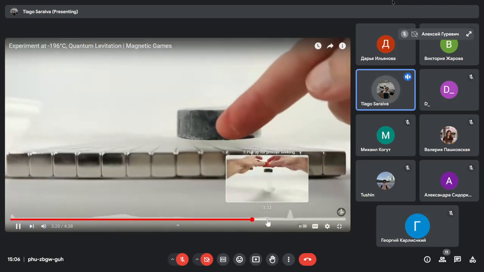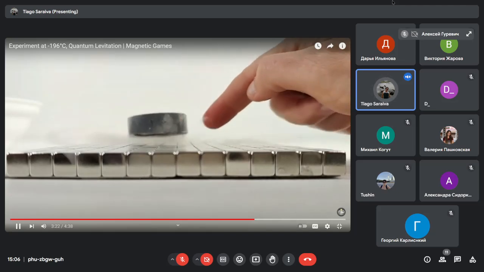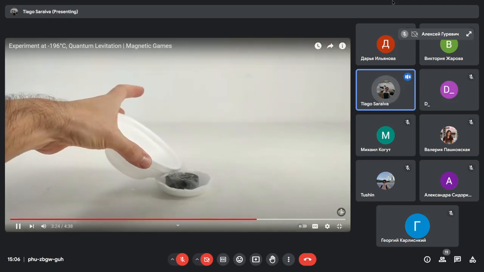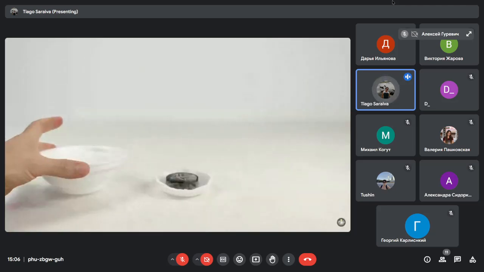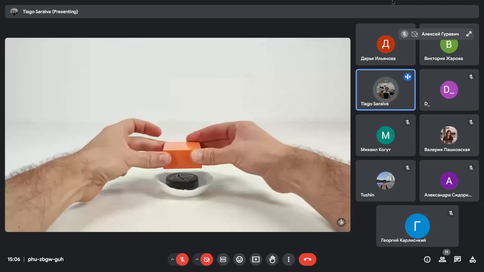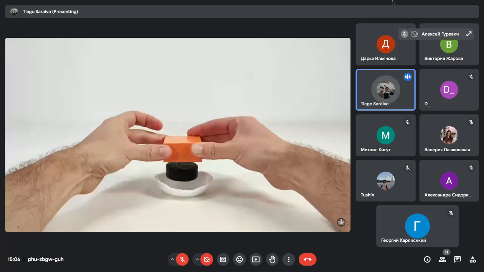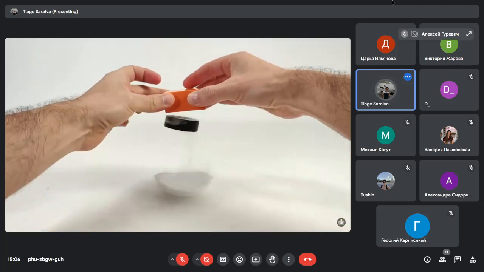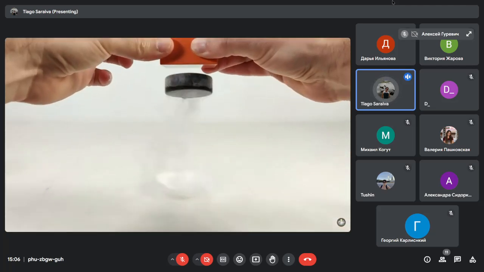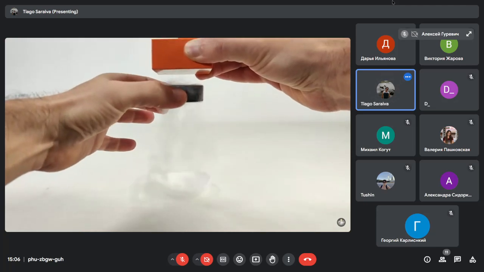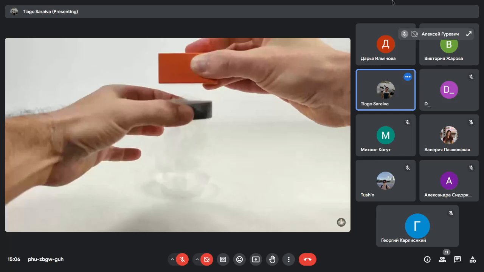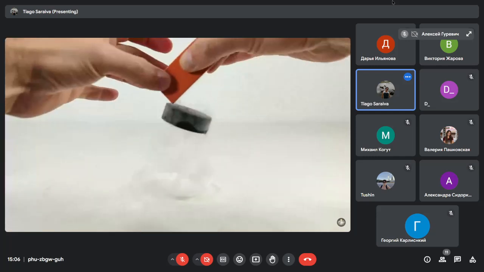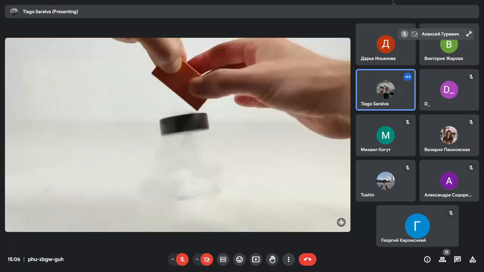So this is the phenomenon of magnetic levitation. Very stable, very powerful. By the way, this material is heavy. Now he takes the magnet, puts it on top of the superconductor, and pushes it. You see that even upside down, it's in the magnetic field. It's very weird.